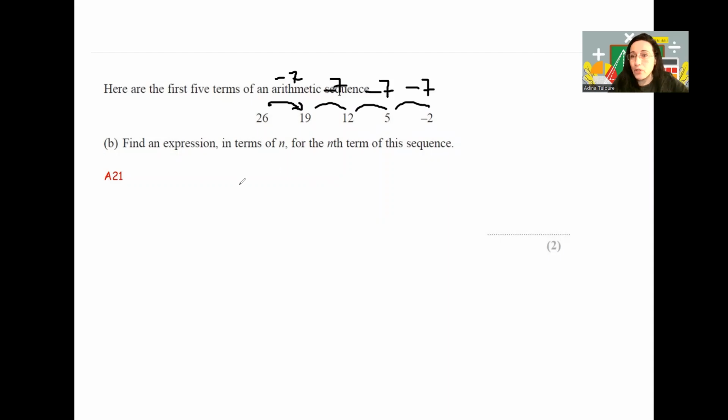So let's put the minus 7n sequence down first. That would be minus 7, minus 14, minus 21, minus 28, minus 35, and so on. I keep going down. Now this is my minus 7n sequence.